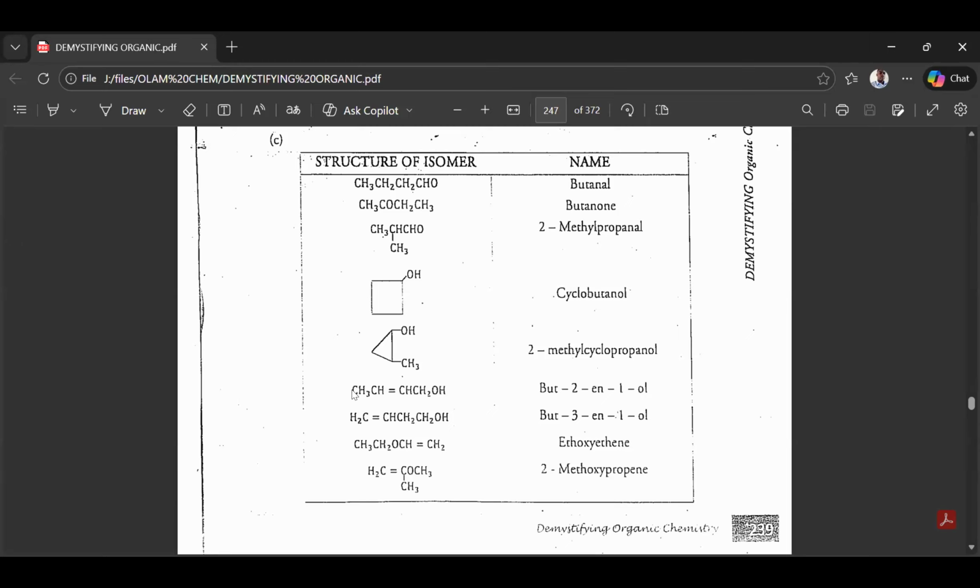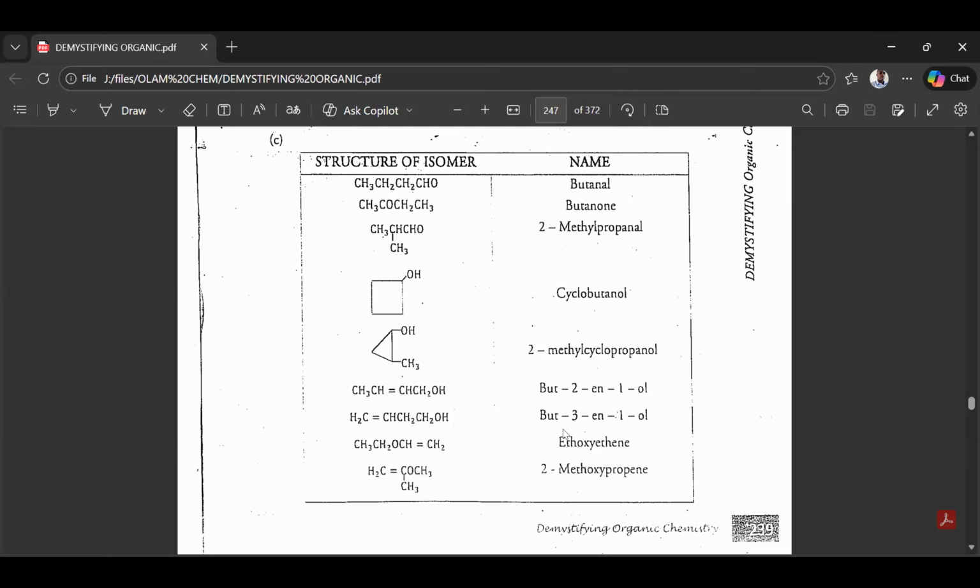You should know that carbonyl compounds are functionally isomeric to alcohols, to enols, and to ethers. Even this one is an ether. When you look at this one with a double bond, ethoxyethene, are you seeing it right here? So you need to know how to come up with all those isomers.